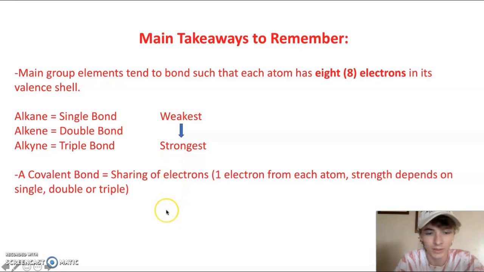And finally I want students to realize that a covalent bond is a sharing of electrons, so 1 electron from each atom. So that's 2 electrons being shared, 1 from each atom. And the strength of that would just depend on if it's a double, single, or a triple bond.